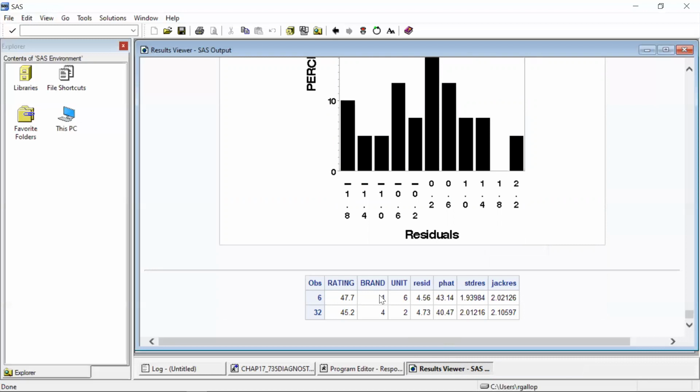Brand 1, unit 6 has a rating of 47.7, which gives a residual of 4.56, so it is 4.56 above their group average. Similarly, observation 32, unit 2 and brand 1, their rating is 45.2, which is 4.73 units above their group average.